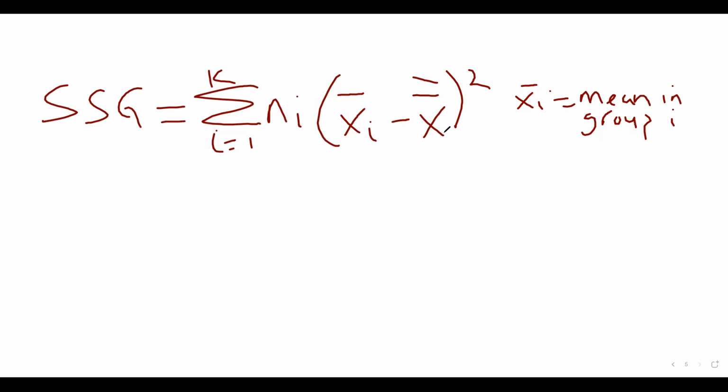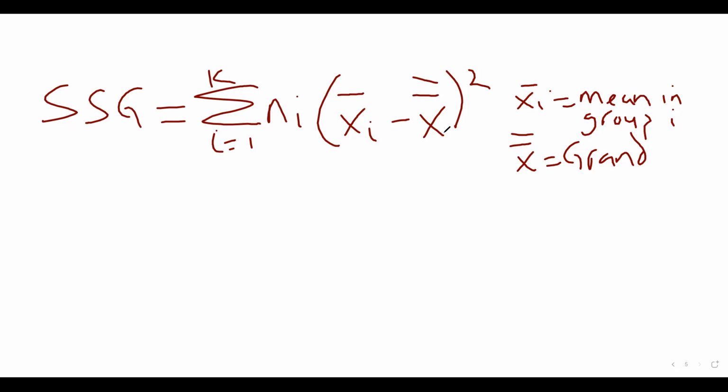Then the last one, the x bar, is the grand mean, the mean of all the observations. Don't ever use the phrase 'the mean of means'. It's not correct. What some will mistakenly do is calculate the mean of the first group, the mean of the second group, the mean of the third group, then find the mean of those and call it the grand mean.